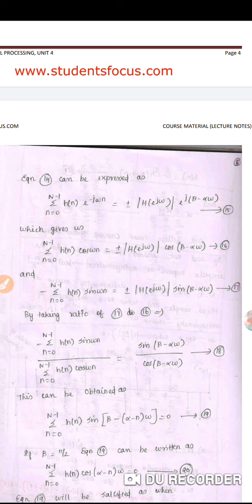If you cross multiply and simplify the above equation as we have done in the previous case, then you will get summation n equal to 0 to N minus 1 h of n into sin of beta minus alpha minus n omega is equal to 0.